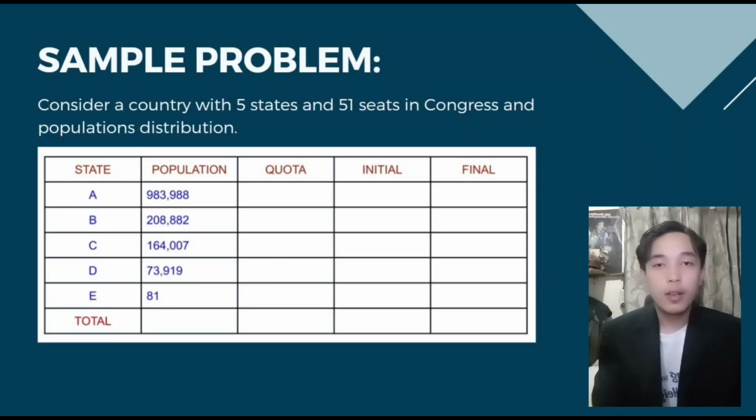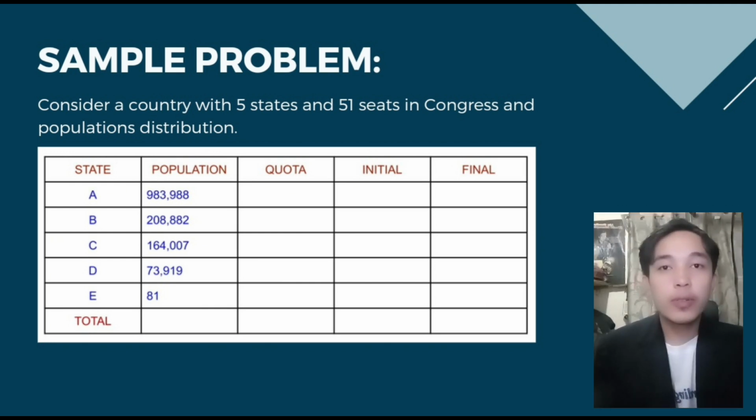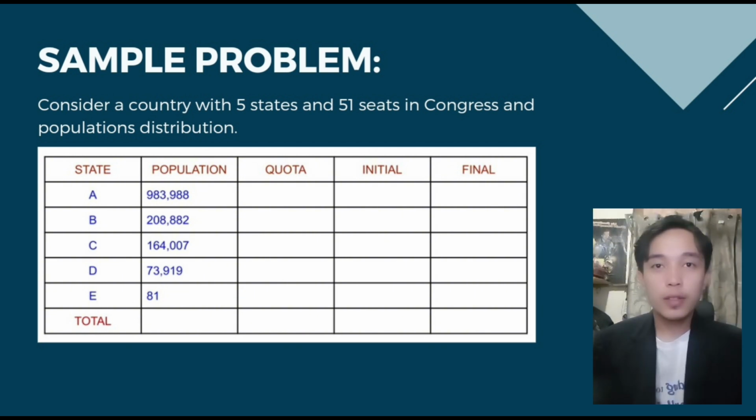Let's learn how to solve the apportionment problem using Hamilton's method. Consider a country with 5 states and 51 seats in Congress and this population distribution. First, we need to find the standard divisor.